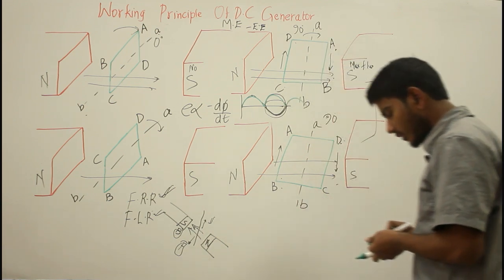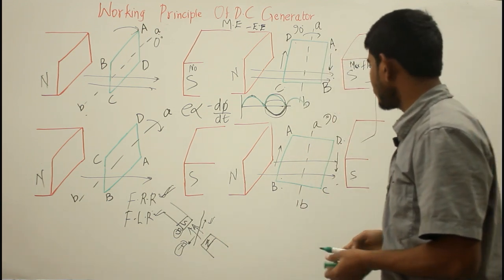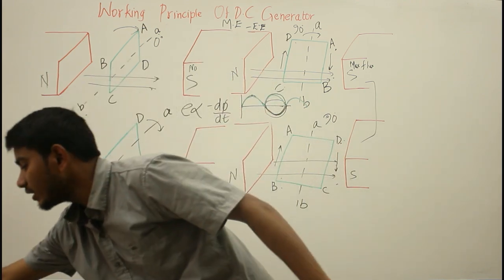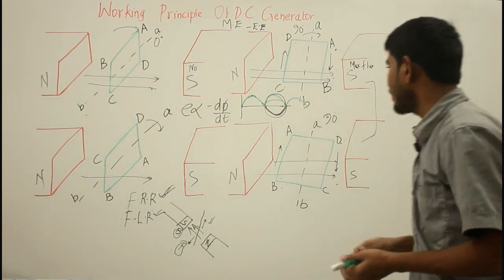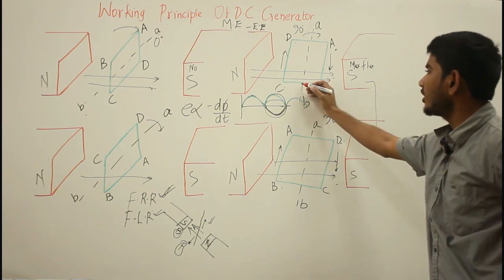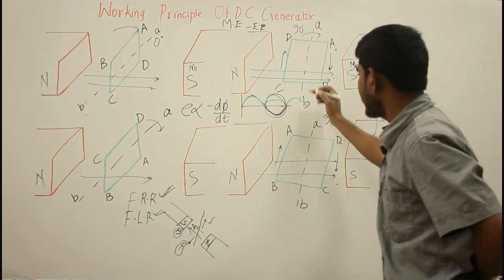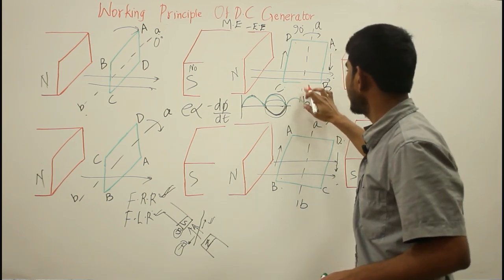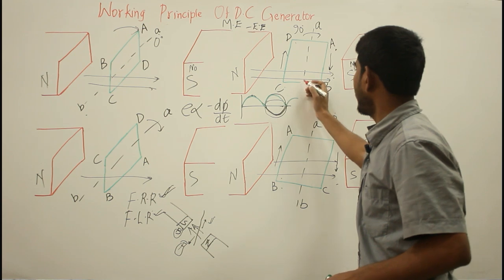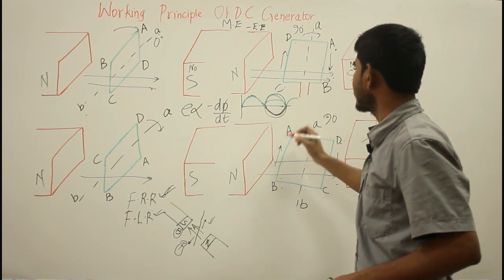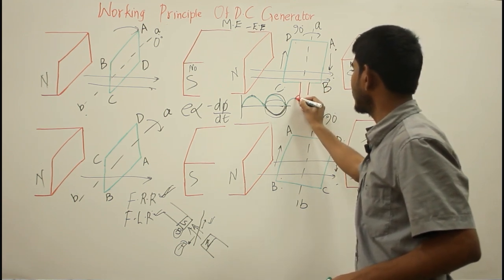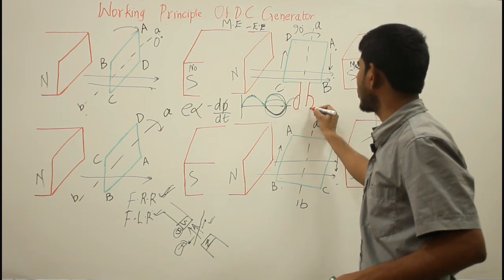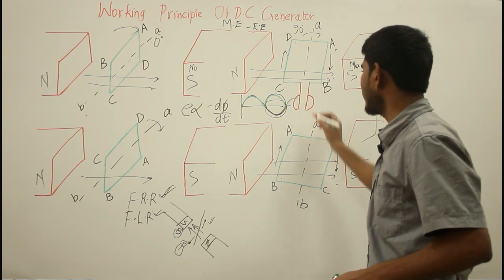This current can be reversed by connecting commutators at the cut part of this loop. Now if I cut here and connect two commutator segments, the commutator segments are nothing but cylindrical copper rings insulated from one another.